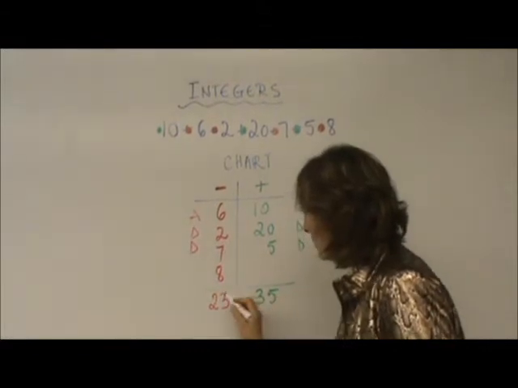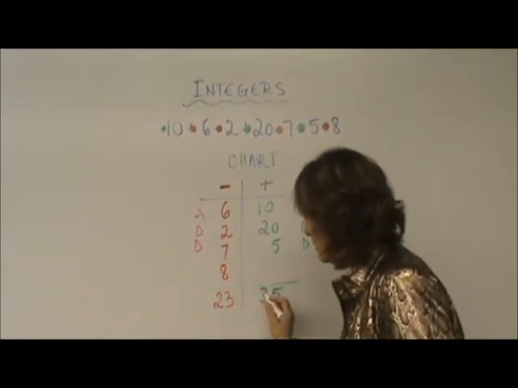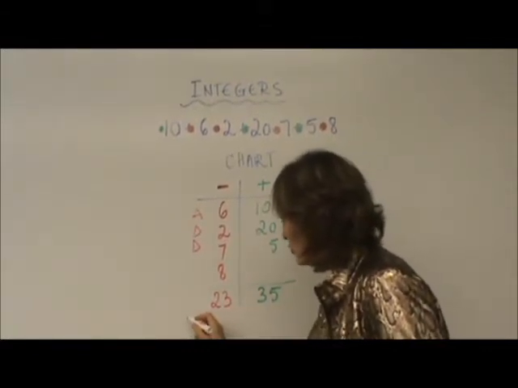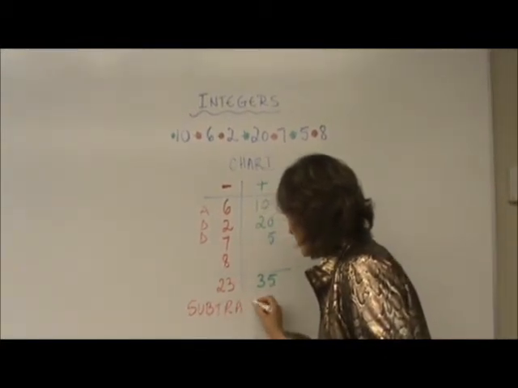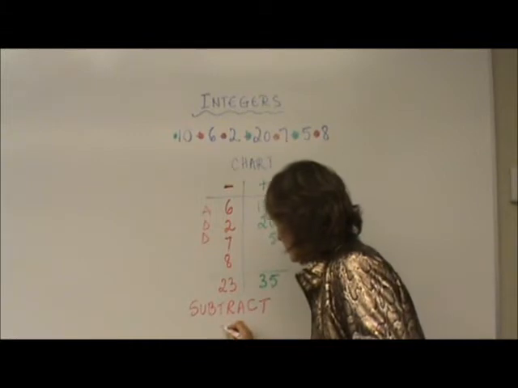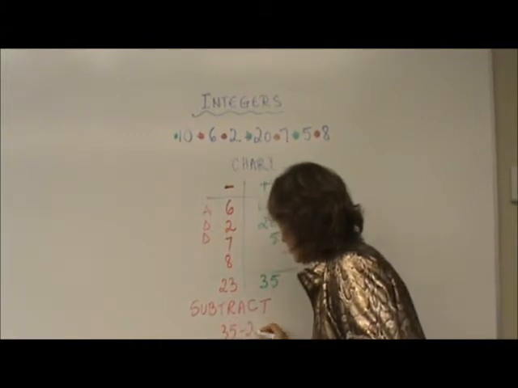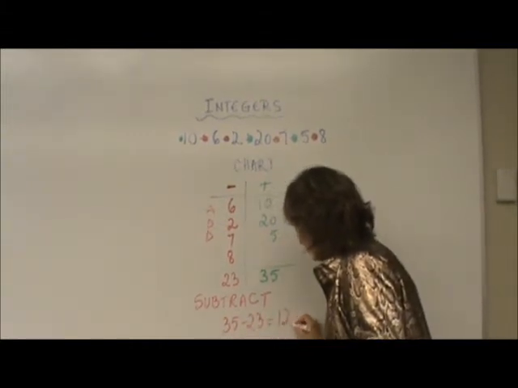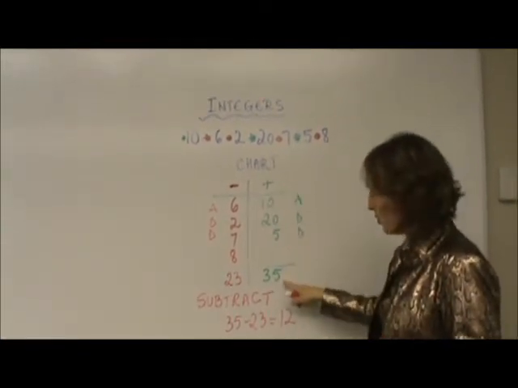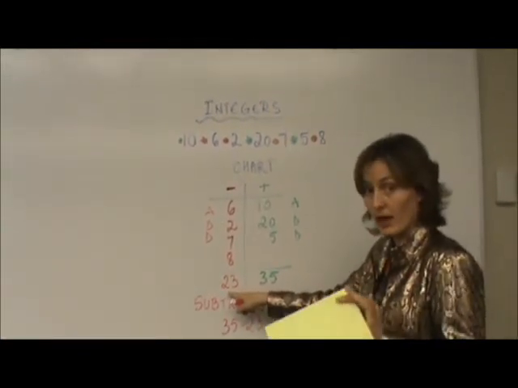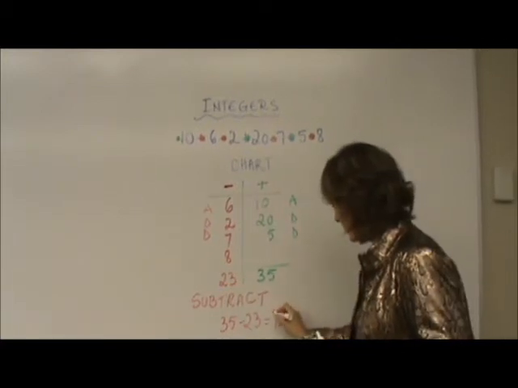At the end, when you have the total of the earned money and spent money, all you do is subtract them. 35 minus 23 equals 12, and keep the sign of the larger. I earn more than I spent, then my answer is positive. Positive 12.